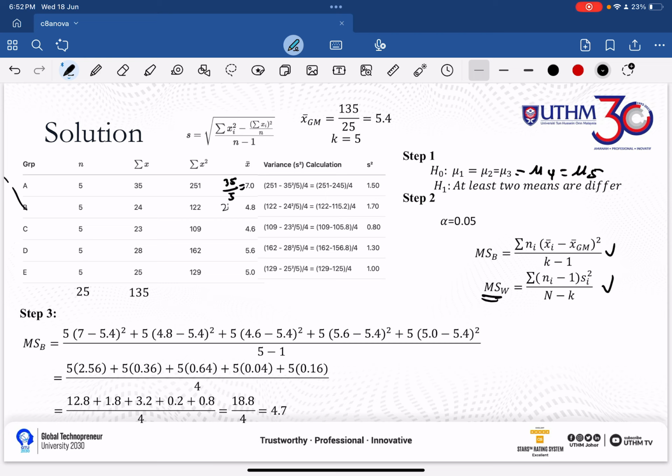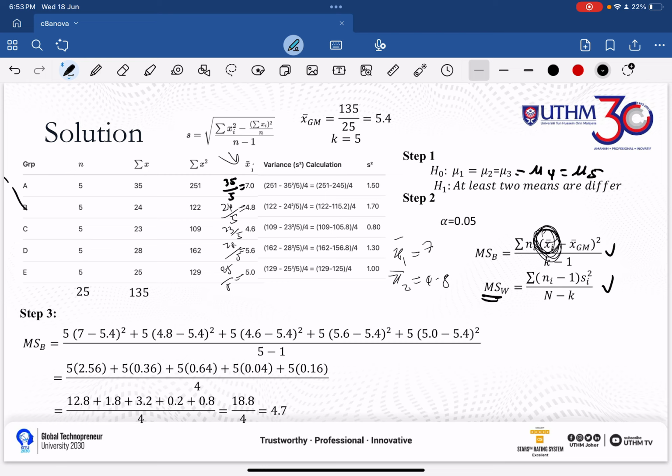Then 24 divided by 5 is 4.8, 23 divided by 5 is 4.6, 28 divided by 5 is 5.6, and the last one, 25 divided by 5, you get 5. Okay, that is the mean for each group. So the mean for group 1, which is our A, is 7. Then the mean for group 2 is 4.8. So that's how we get this notation, mean i, the mean for each group.